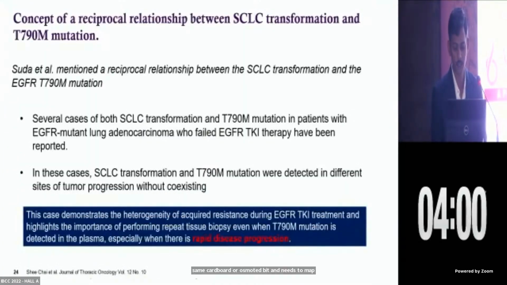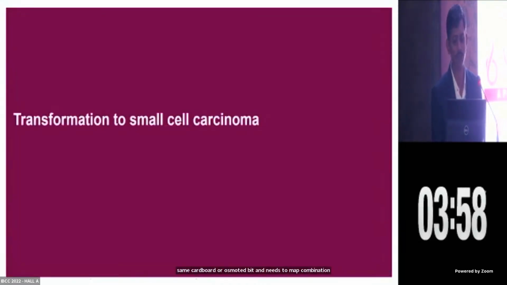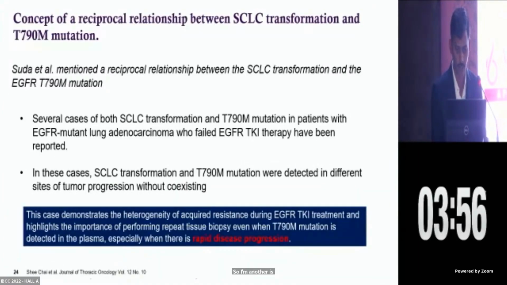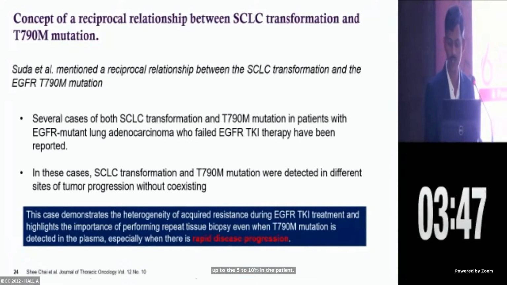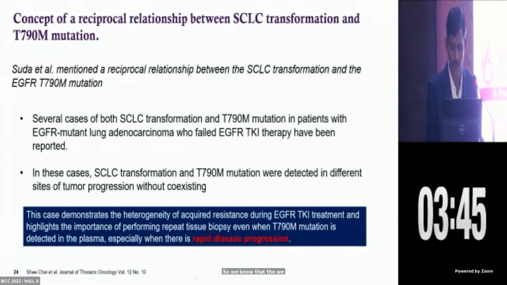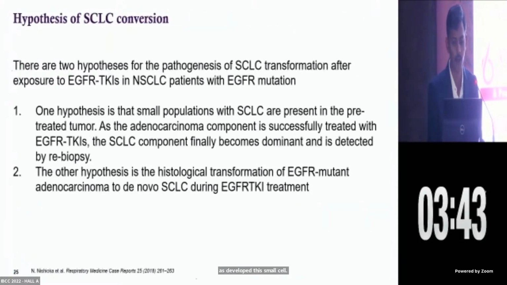Another is the transformation to small cell carcinoma. This is also a rare phenomenon, occurring in up to 5 to 10% of patients. We have seen many patients who developed small cell carcinoma of the lung on top of that, on progression. There are two hypotheses. In the first, the patient's initial presentation has both components, small cell and adenocarcinoma.